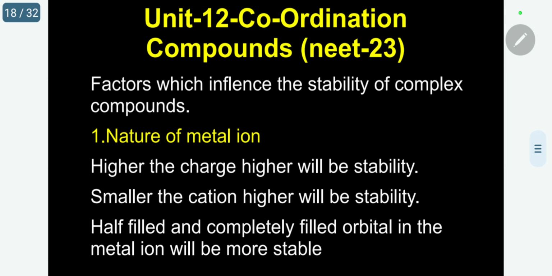For example, for a sodium complex and an aluminum complex, the charge is higher on aluminum, so the aluminum complex will be more stable. Smaller the cation, higher the stability. So if the cationic size is smaller, stability will be higher. Third, half-filled and completely filled orbitals in the metal ion will be more stable. This information is most important regarding the nature of the metal ion. So from the metal ion we can identify the stability.